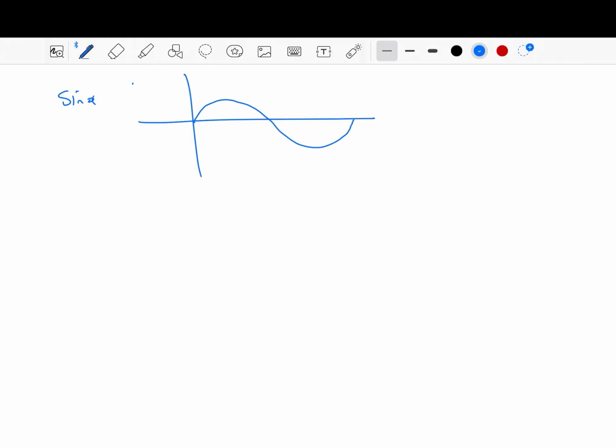So if it's sine x, this is 90 degrees, this is 180 degrees, this is 270 degrees, this is 360 degrees. So the period of this is 360 degrees, for it to fully show you the full shape of S, because the sine wave is this S.